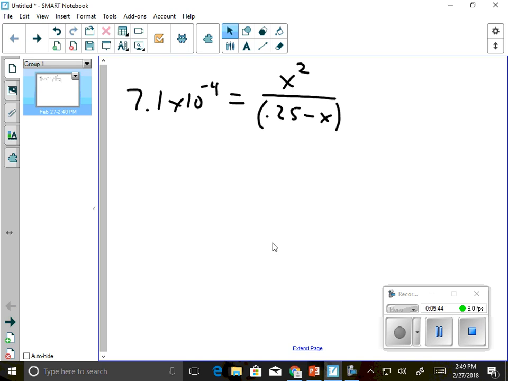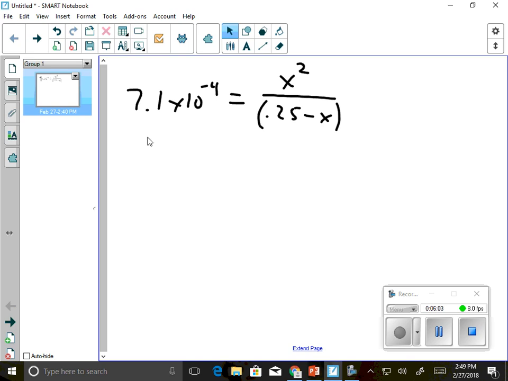If you are given an expression like we have up on the board, 0.25 is the original molarity, and 7.1 times 10 to the negative fourth, which if I wrote that out in long form would be 0.00071, is the K value.